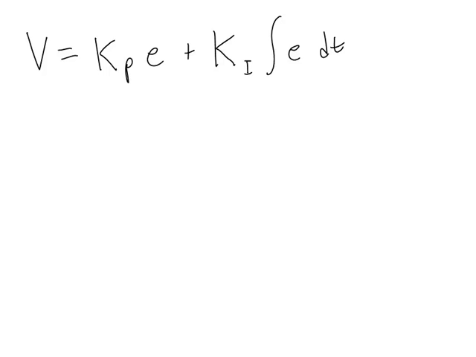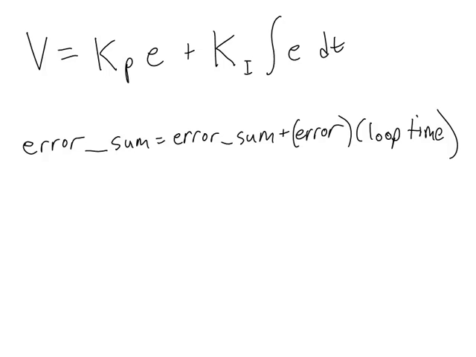Once again, we're generally going to be implementing this in the code of our microcontroller, so calculating the integral isn't something we can generally do. Instead, we're going to do it like this. Each time we go through the control loop in our code, we will keep track of a value called error sum.